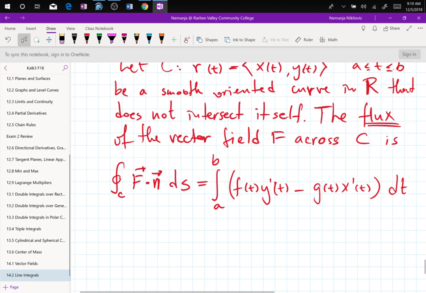Now, with the flux, are we expecting a rotational field to give us a value? No, right? Because for flux, please don't think about the rotating blade when you're thinking of the fan. You don't even see the blade. It's spinning so fast. You've seen the fan.